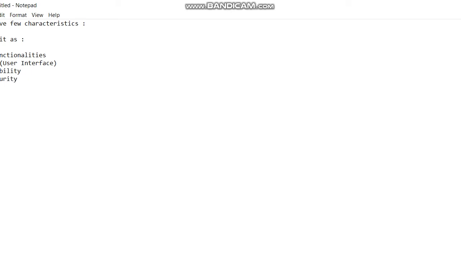The fifth one is load, and the sixth one is performance. And the seventh one is compatibility. These are the 7 characteristics we have to check before starting any testing.